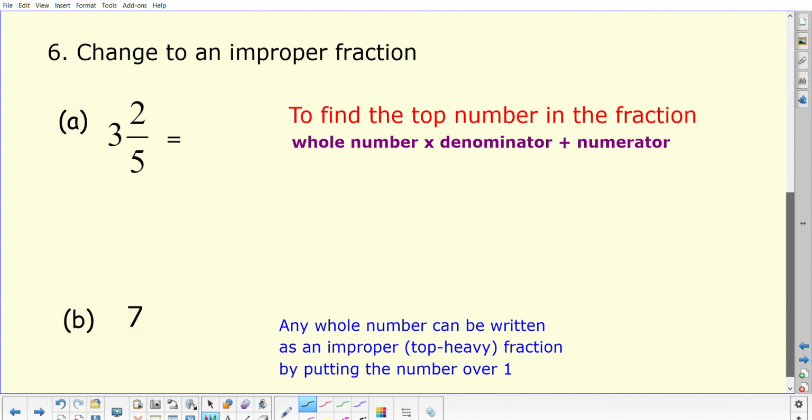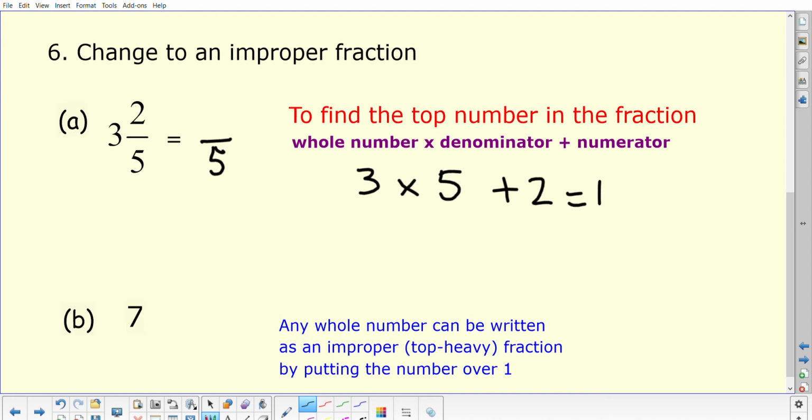So the last bit, changing to an improper fraction. The method that you use to get from this mixed number back into just all fifths would be: you take your whole number, which in this case is 3, you times it by the denominator, which is 5, and you add on the numerator, which is 2.